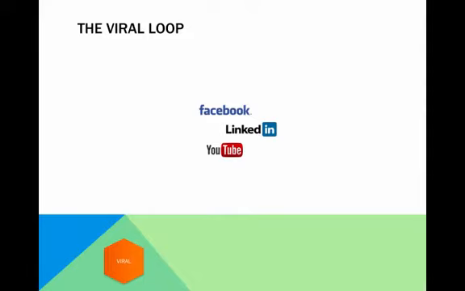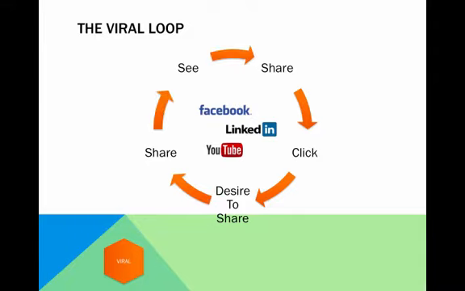So let's talk quickly about the viral loop. This is a process that Facebook, LinkedIn, YouTube, MySpace, all of these large social networking companies use. It's a method where you see something, you share it with a friend or a family member, they click on it, they have a desire to reshare it, maybe they want to post something about what they're doing and add to that post, and they reshare it out to their friends.